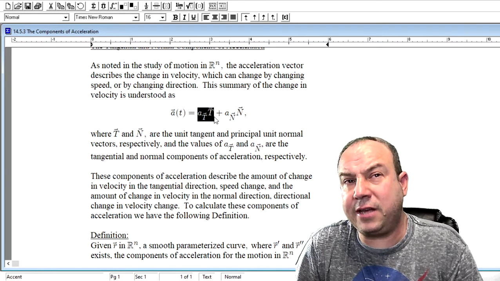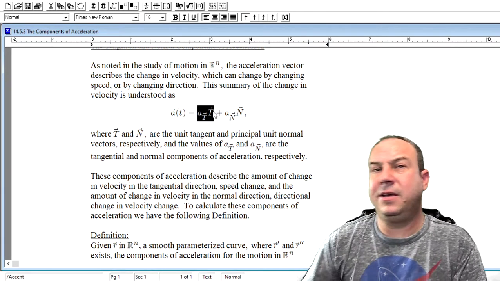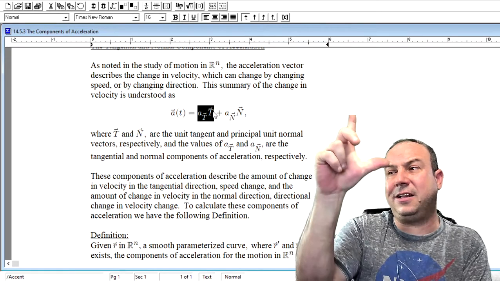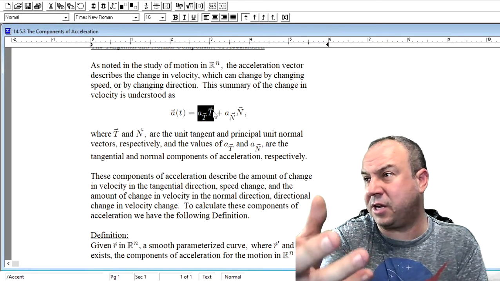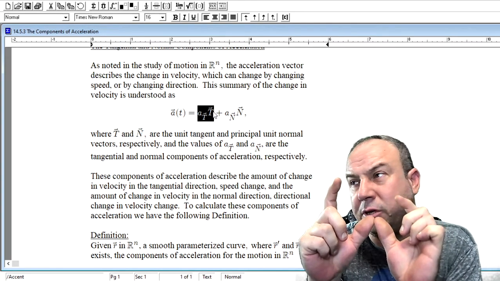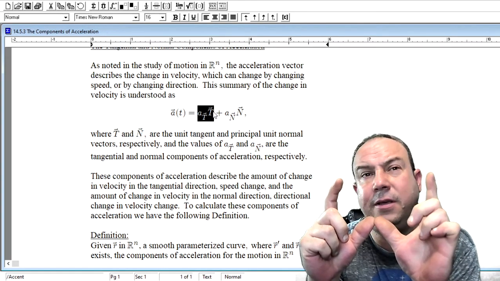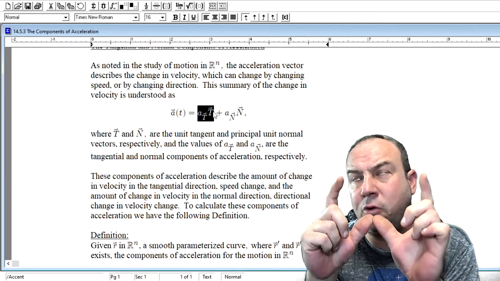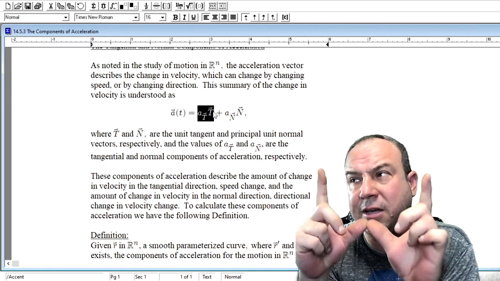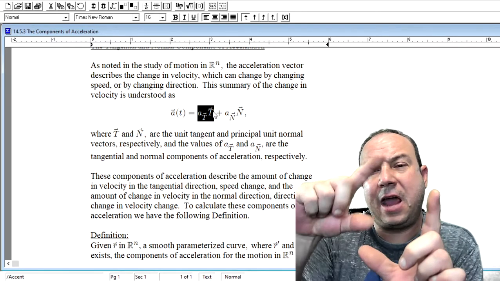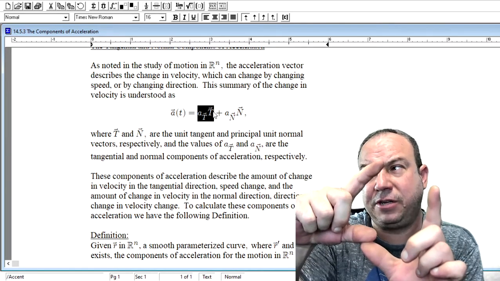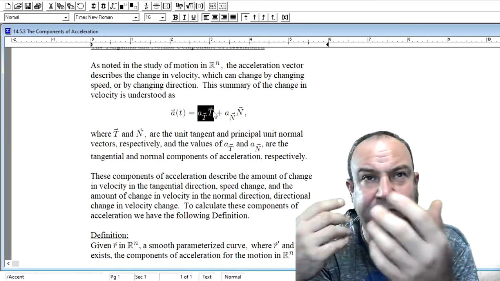And what we do take note of is that we are taking the tangential vector to our curve, scaling it by the tangential component of acceleration, adding that to the principal unit normal vector scaled by the normal component of acceleration, and adding those two orthogonal vectors together. And what we end up with is this description of acceleration. That would be the sum of these two scaled vectors.